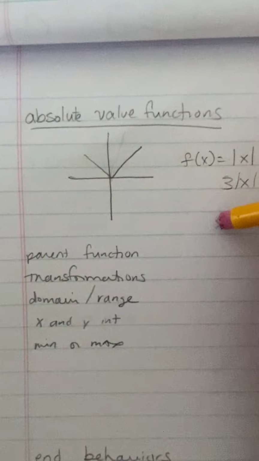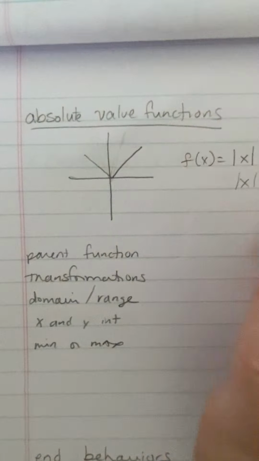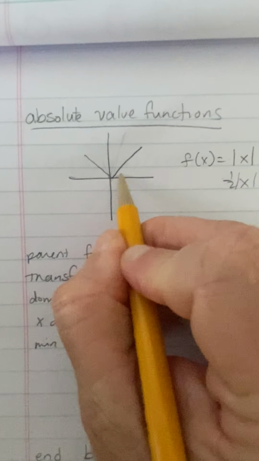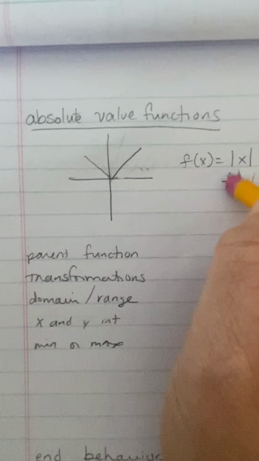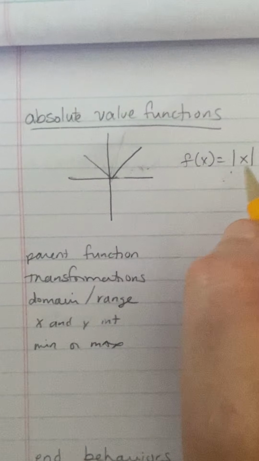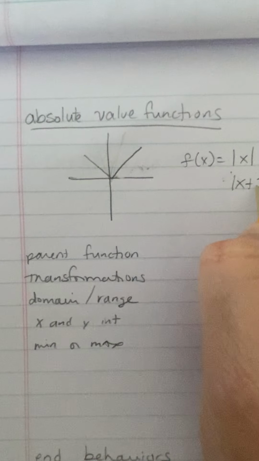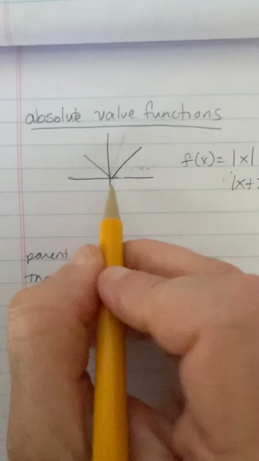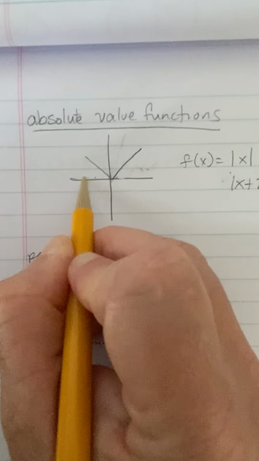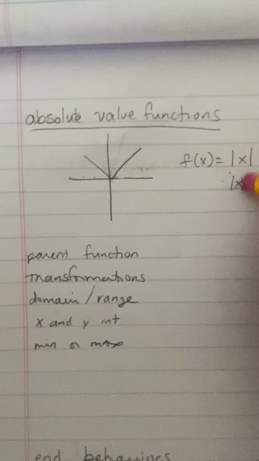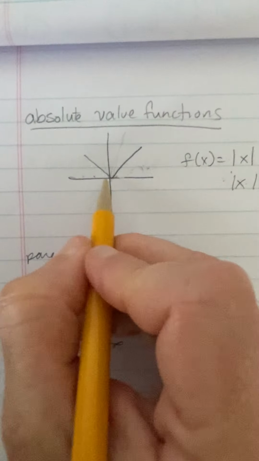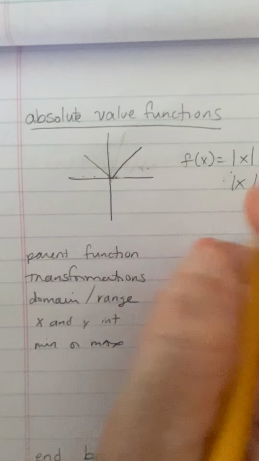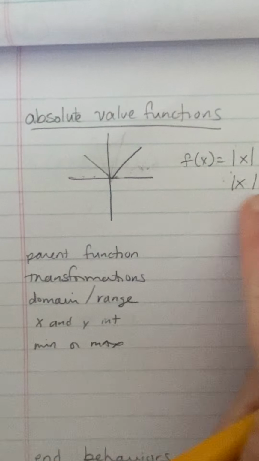If I put a number smaller than 1, like a half, it's going to make it go flatter towards the x. Okay, if I put a +2 in the absolute value sign, it's going to move it left 2. If I put +2 on the outside, it's going to shift it up 2.